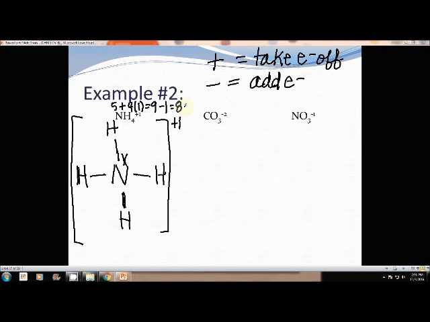Okay? Let's do the next 2. The next 2 are negative charges, so that means we are going to add dots somewhere. So we have CO3 2-. Carbon, how many dots? 4. And then just go ahead and draw your 3 oxygens with 6 dots each somewhere.